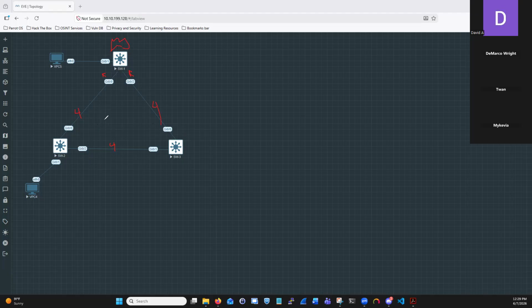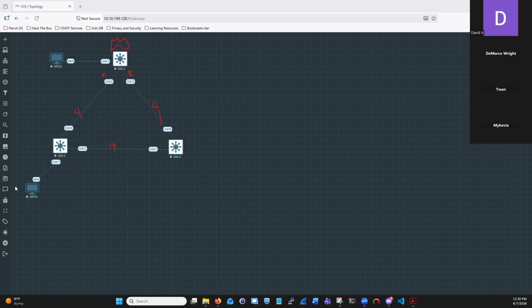Based on the second point that I told you as far as placing ports in a forwarding state, each non-root switch is going to say, what is my least cost path to the root? Oh, it's 4 versus 8. Great, I'm going to place this in a forwarding state.